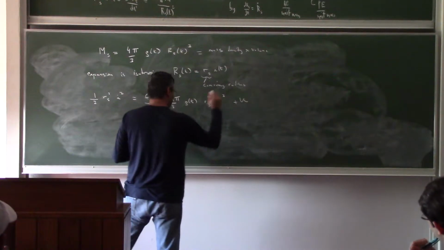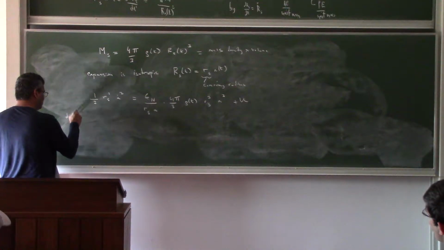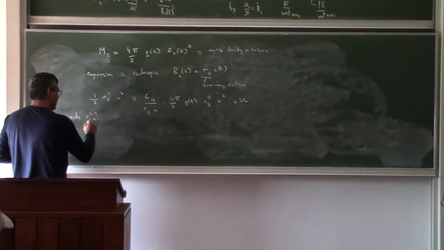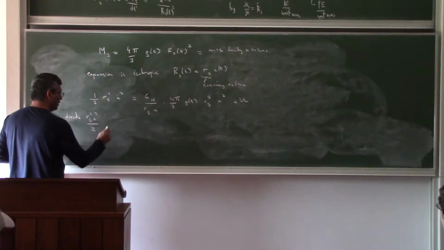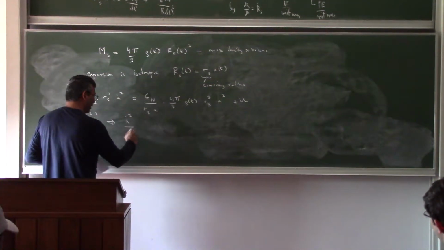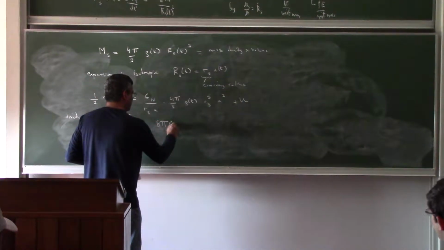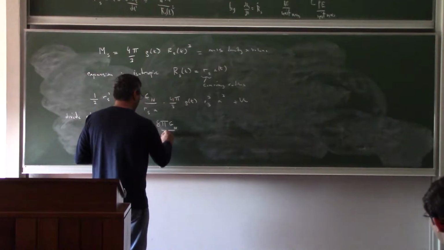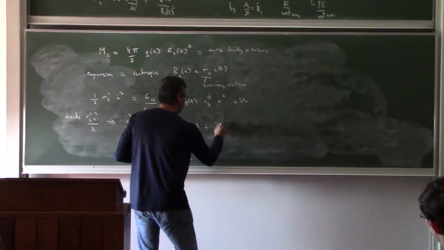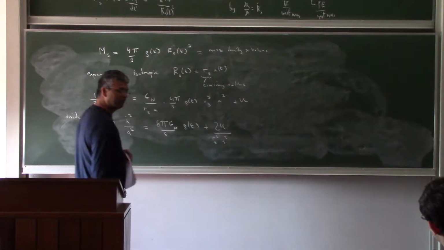And let's divide this expression by rs squared a squared over 2. This gives us a dot squared over a squared equals 8 pi G Newton over 3 rho of t plus 2u over rs squared a squared.